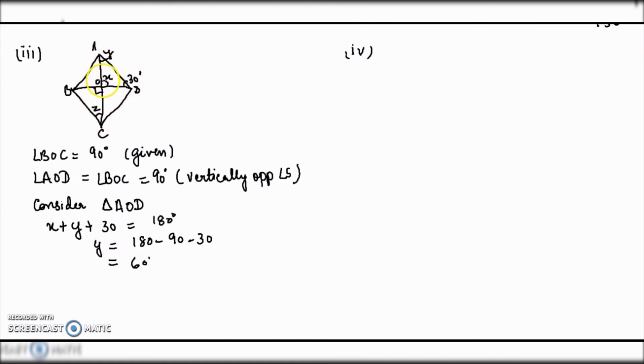Since these are opposite sides of a parallelogram, they are parallel to each other, and AC is the transversal.